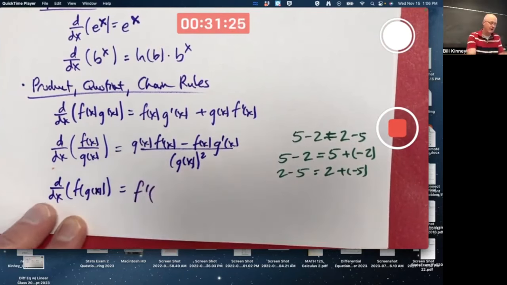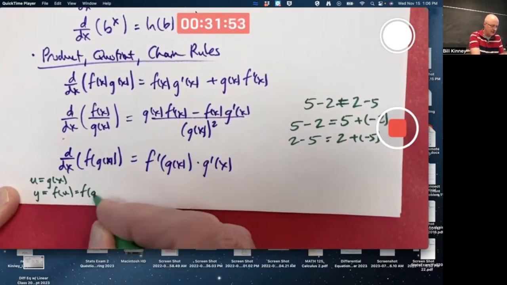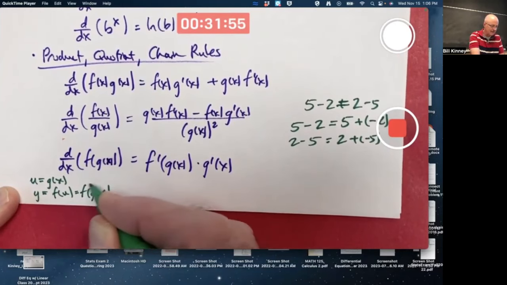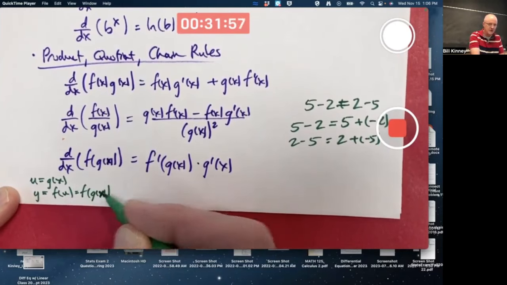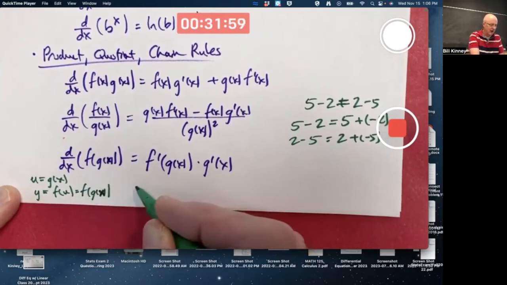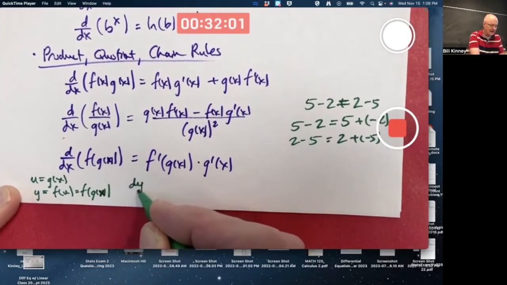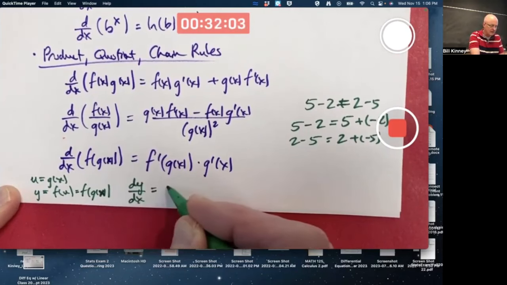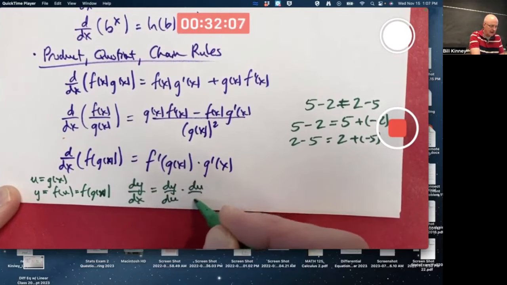You should feel comfortable with Leibniz notation for this as well. If u equals g of x and y equals f of u, so that y also equals f of g of x, by replacing u with g of x, you can write the chain rule as dy dx equals dy du times du dx.